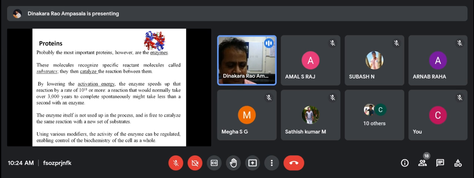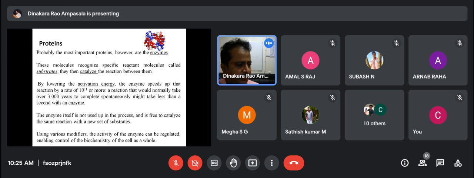For any reaction, to start it we need to provide some kind of energy by increasing the heat and providing some kind of activation energy. Here, these enzymes are involved in this catalysis by making the molecules interact with each other and lowering the energy.